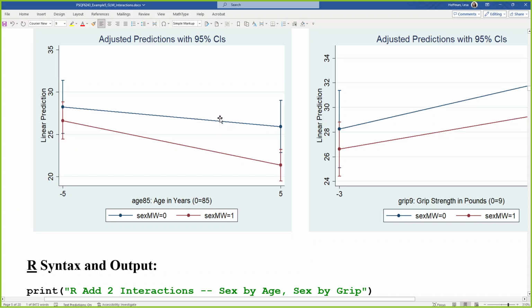So when you look at the picture, the idea of more negative in women works. It goes down more. Age has a bigger impact in women, but non-significantly bigger. So interaction terms are non-parallel lines. If you try to make a picture with an interaction and the lines are parallel, something went wrong.